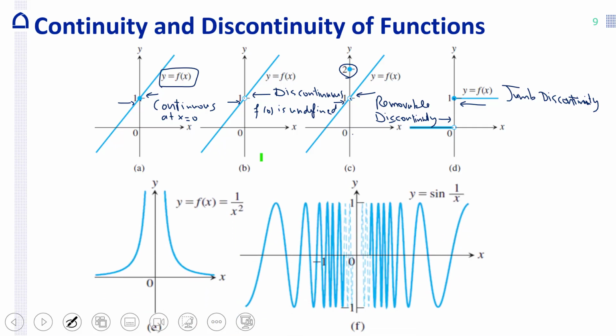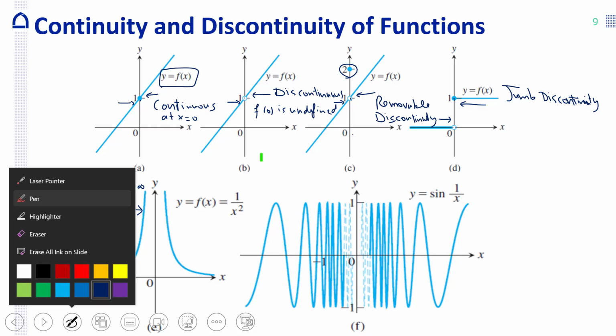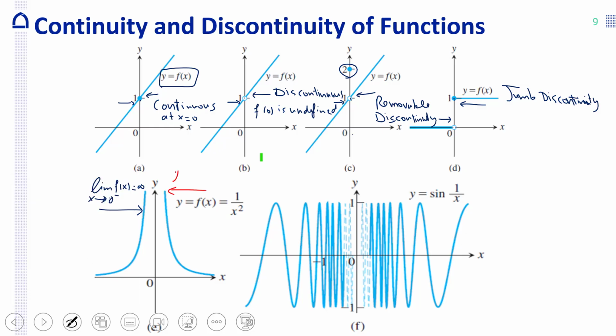Okay. Let's go to these two functions. If we come from the left, the limit when x tends to 0 from the left for this function is infinity, and the limit when x tends to 0 from the right is also positive infinity. So the limit exists and equals infinity. Okay, but is it continuous?